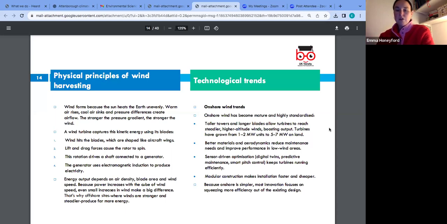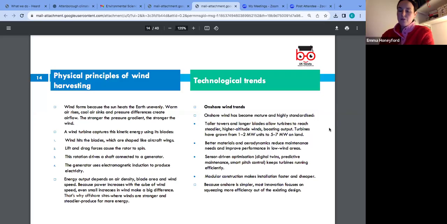So in terms of technological trends, onshore wind trends. So onshore wind has become mature and highly standardised. Taller towers and longer blades allow turbines to reach steadier, higher altitude winds, boosting output.